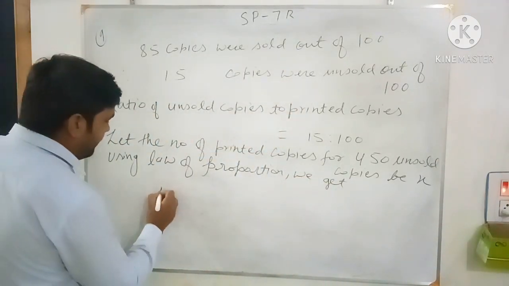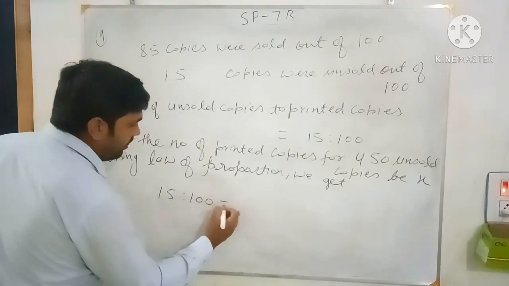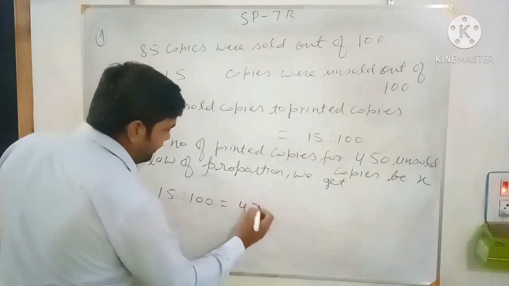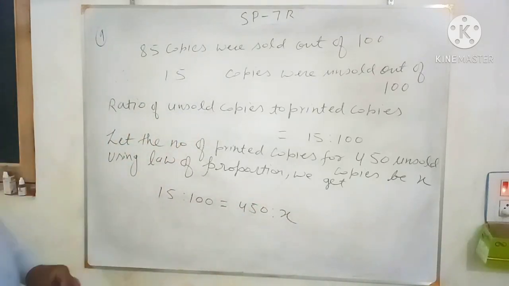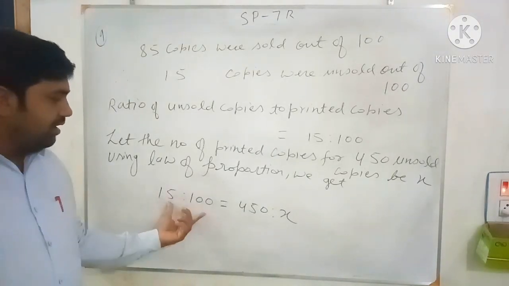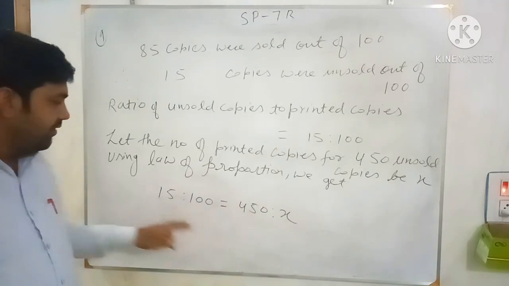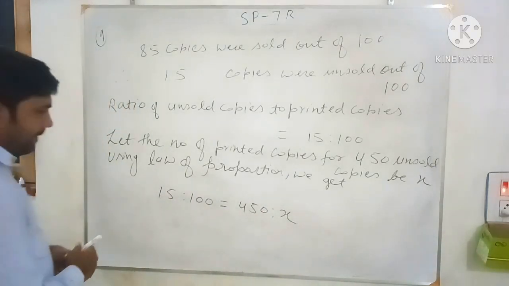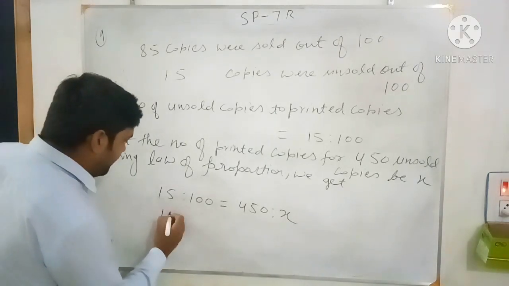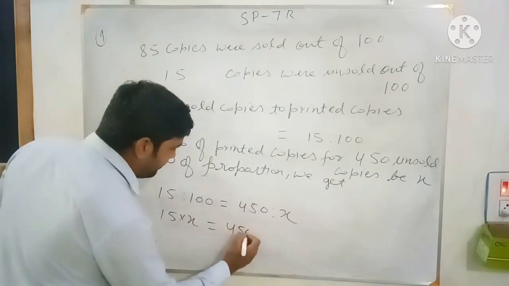So what we get: 15 is to 100 equals 450 is to X. The ratios of unsold copies to printed copies should be equal. 15 and 450 are unsold, 100 and X are printed copies. So by the law of proportion, 15 into X equals 450 into 100.